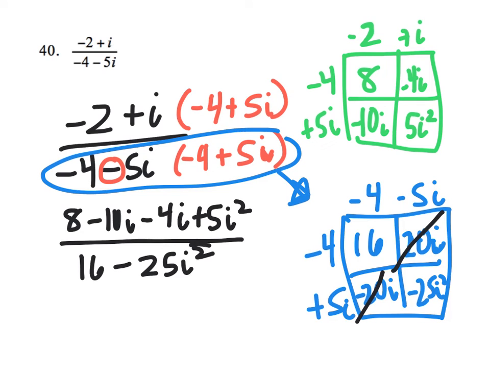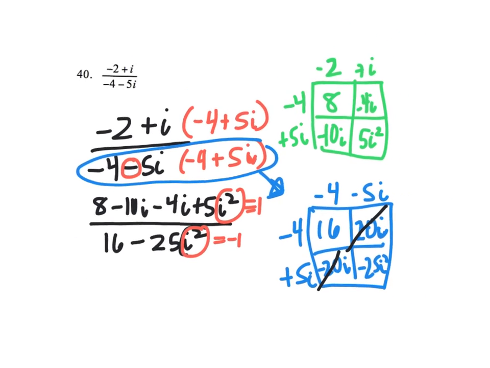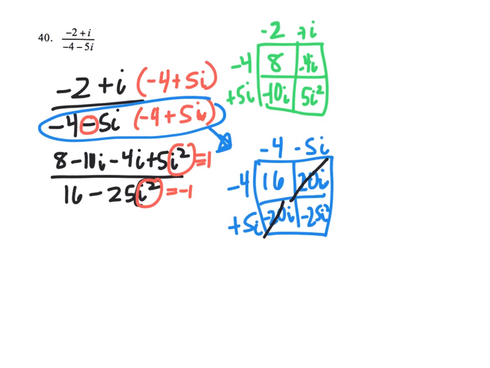Now, we are going to combine our like terms, and we're going to get rid of our i squared. So remember, anywhere I have an i squared, this guy here equals -1. This guy here equals -1. On top we have 8, and then we have -10 minus 4i, so we have -14i, and then we have 5 times -1, so it's going to be -5.